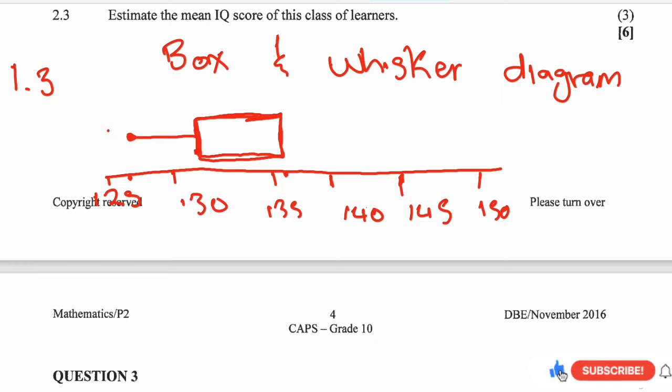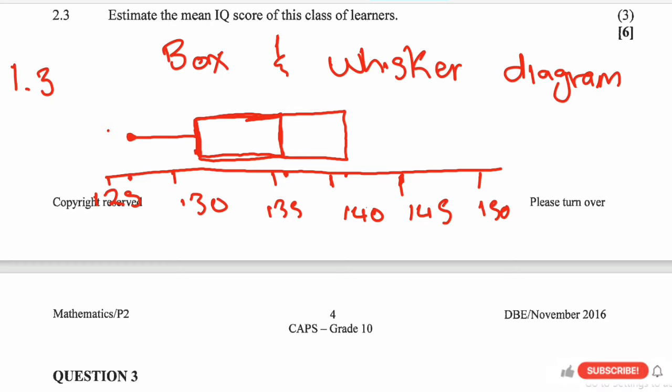So we assume that our 136.5 is here. Now we head on to our Q3, which is at 141.5, which could be somewhere here. So our last line to close off the whole box will be right there at 141.5.